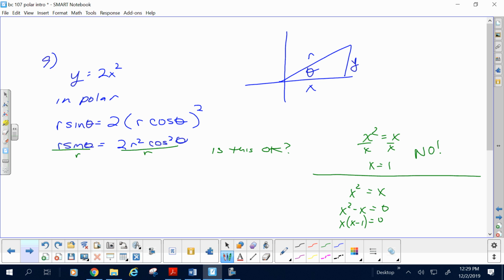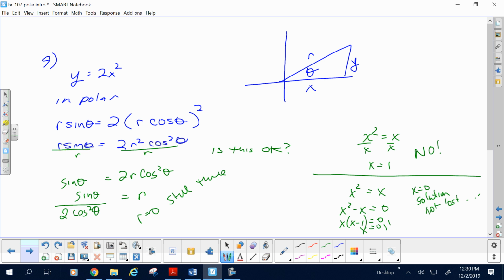Factor. And then solve. Now, the reason that you're taught to do it that way is because the x equals 0 solution is not lost. The difference in why this is okay here is that you're not solving this for r. You're trying to graph. And if you dump this r and get sine theta is 2r cosine squared theta, and r is therefore sine over 2 cosine squared theta, r equals 0 is still there.